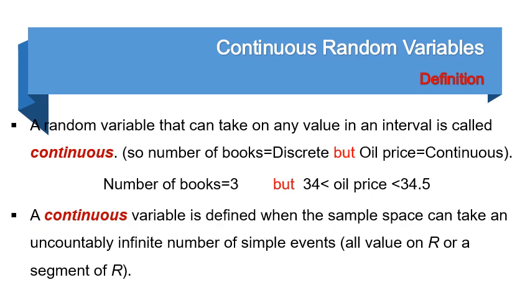So the oil price can be any value with any decimal points in between. Look at the difference here. In the discrete case, the number of books takes one specific value equal to 3. In the continuous case, the oil price can take an interval from 34 to 34.5 with any possible value in between.